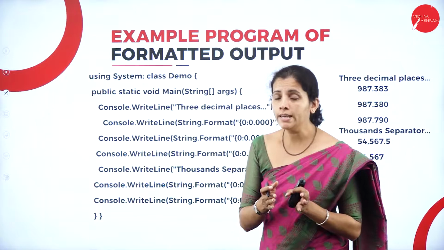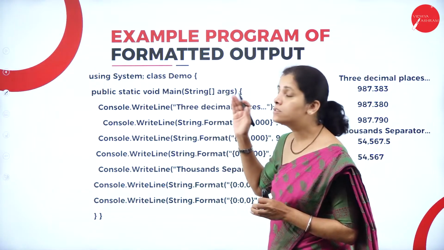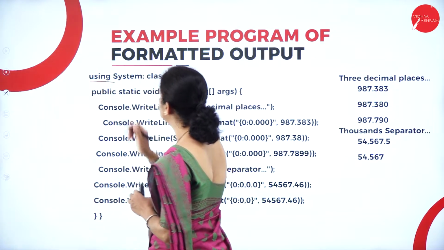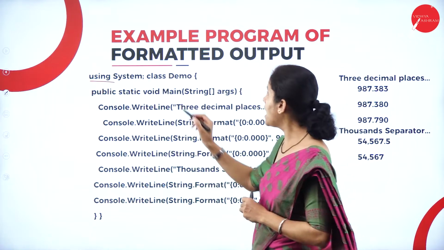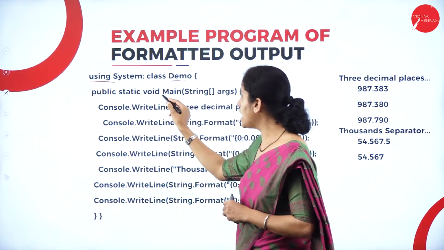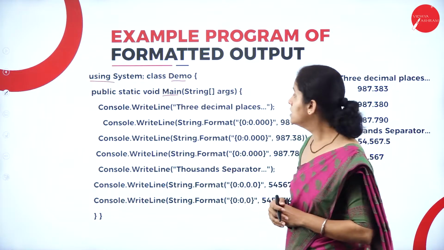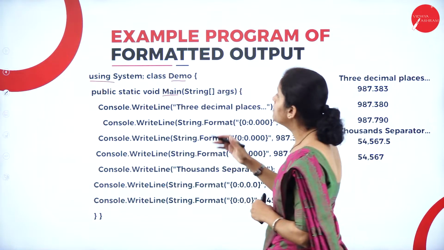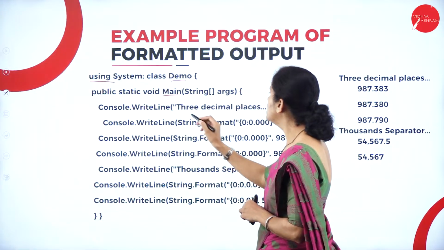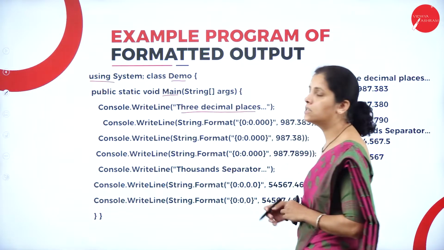So dear student, a C# program always starts with using System, and I have the class called Demo, and inside the class I have the Main method. Now see here, I'm going to display a message to the user that it is 3 place decimal.